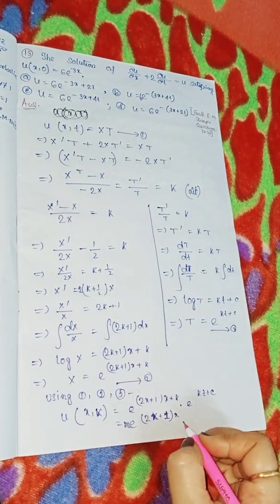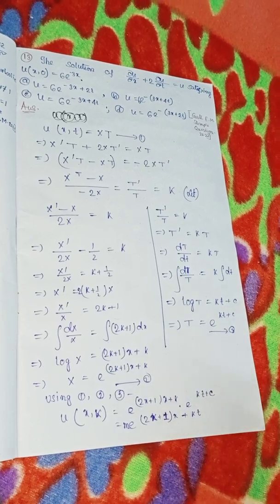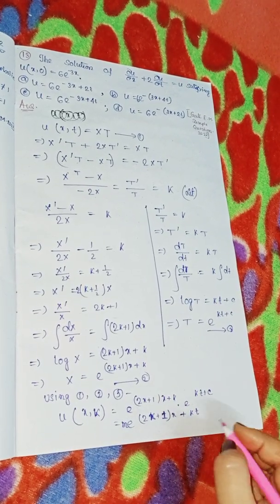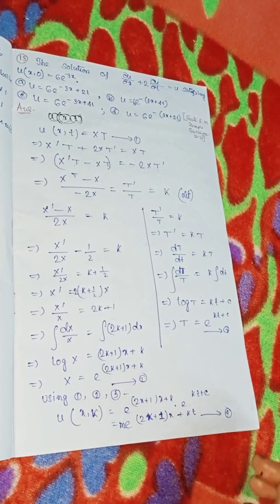So this one is equal to plus kt is the remaining portion. So just call this one equation 4.